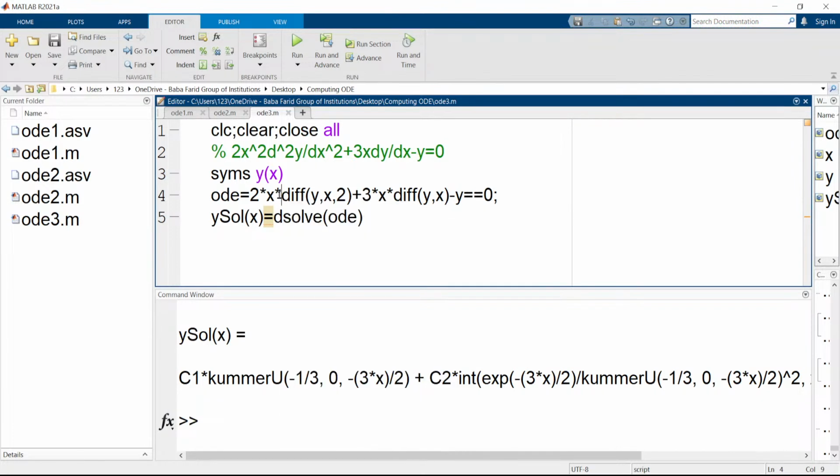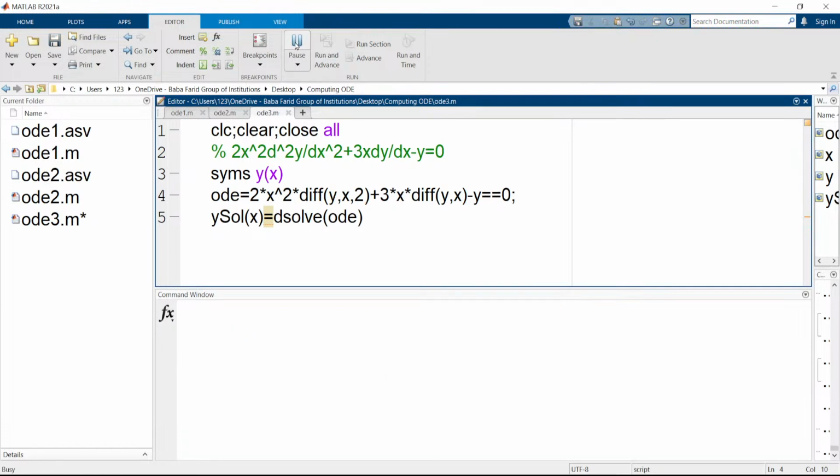Here is also x square, don't forget x square. Now try again. So this is the solution for the above differential equation, C1 upon 3x plus C power 1 by 2.